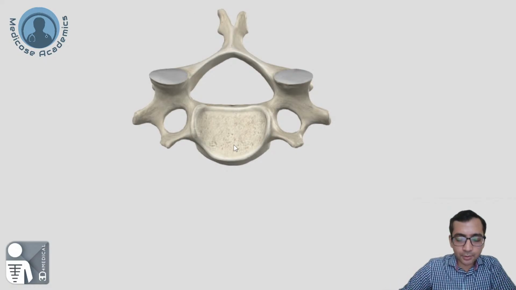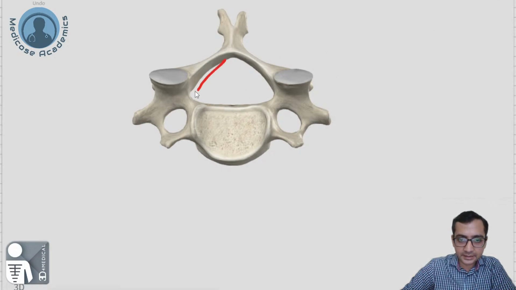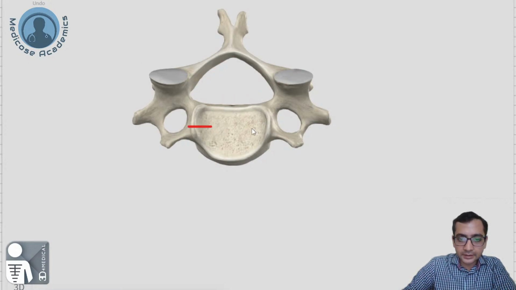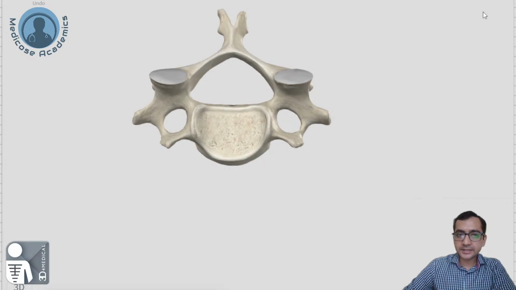So first thing about the vertebral body is it is smaller than this canal. This diameter is higher as compared to this diameter. So transverse diameter is more than the anteroposterior diameter.